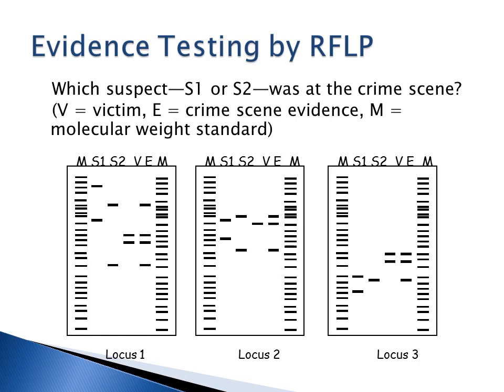So if you look at locus 1, the crime scene evidence matches the victim and suspect 2. So in locus 1, suspect 2 would be the person that may have been at the crime scene. If you look at locus 2, you have suspect 1, suspect 2, the victim, and the evidence from the crime scene.